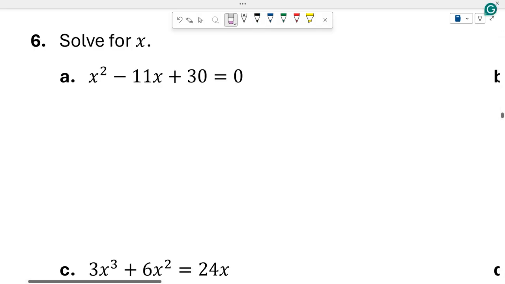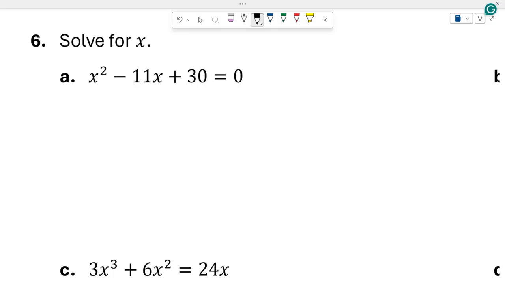Now, not all quadratic equations can be factored easily, right? So it is entirely possible that you might have a quadratic that can't be factored, but it's worth checking, again, especially when you don't have a leading coefficient on x squared.